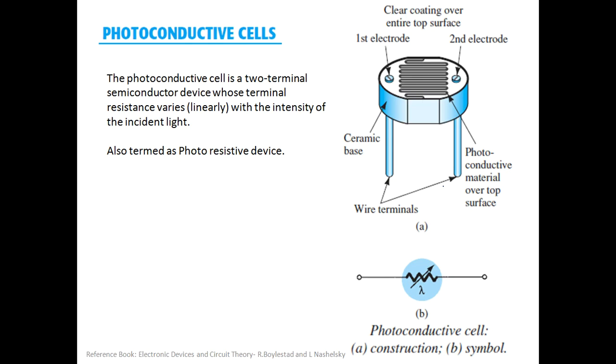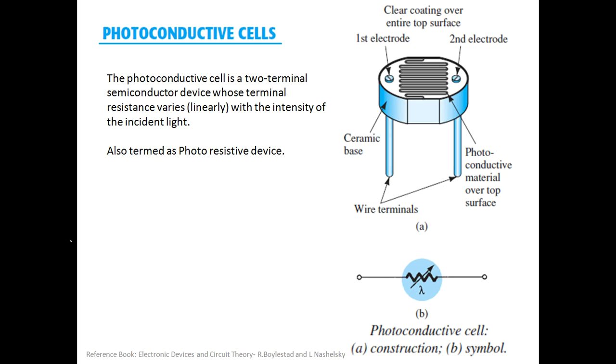Now let us focus on the next simple device, which is called as a photoconductive cell. Again, it's a very simple device, but it is slightly different from a photodiode. In a photodiode, there is a diode involved, whereas in a photoconductive cell, there is no diode. However, we just have a simple semiconductor device, which is a two-terminal one.